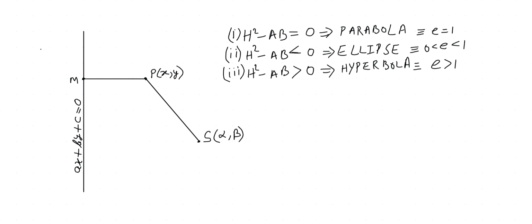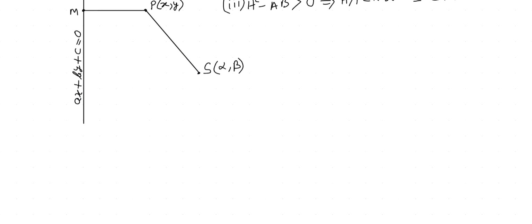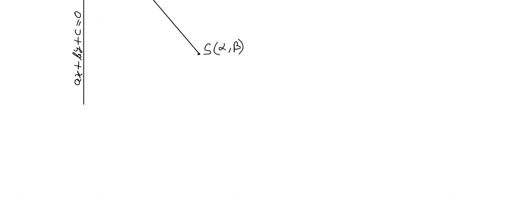So actually we are going to write the equation of a conic in two different forms. One form is going to be a fixed line here, which is called the directrix.